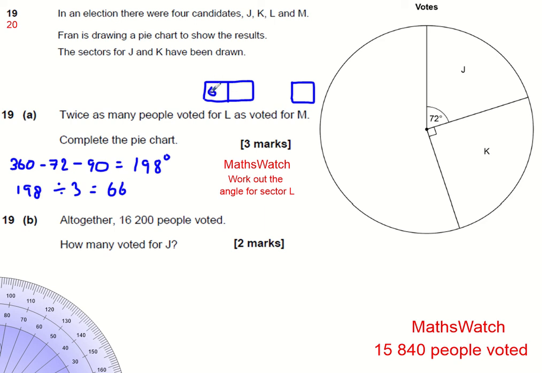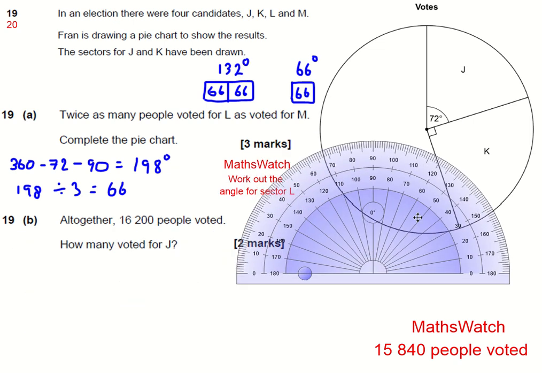That means that each of these sections is going to be worth 66 degrees. So that's easy for M. M is going to be 66 degrees. And for L, 2 lots of 66 is 132 degrees. That's what we're going to draw onto the pie chart.